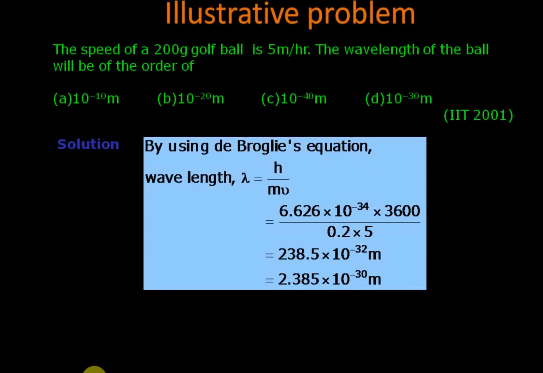So here, using de Broglie equation, we have wavelength lambda is equal to h upon mv, and h is 6.6 into 10 raised to power minus 34. Changing mass into kilogram and changing the velocity from meter per hour into meter per second, we have here multiplied by 3600 divided by 0.2 into 5, and that comes out to 2.385 into 10 raised to power minus 30 meters.